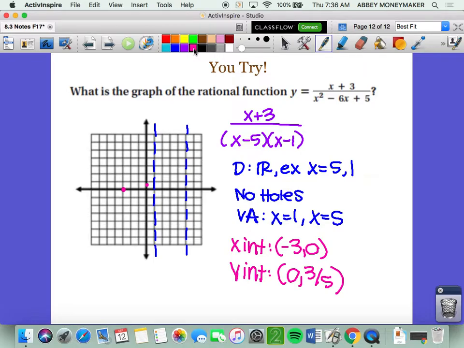All right, so on your calculator, go back to y equals, and let's type this equation in. And let's graph it. And again, we see that kind of U shape there in the middle. Why is that? It's because we have those two vertical asymptotes there. So again, you can kind of see the rough shape of it, but let's see if we can get some of those middle points.